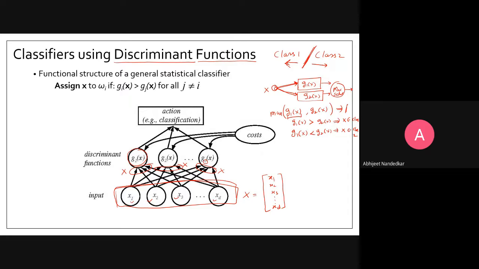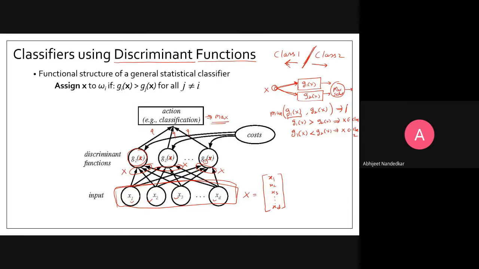This x is given to the functions g1x, g2x, and so on up to gcx. They will produce different values, and as a classifier you will find out which one is max.